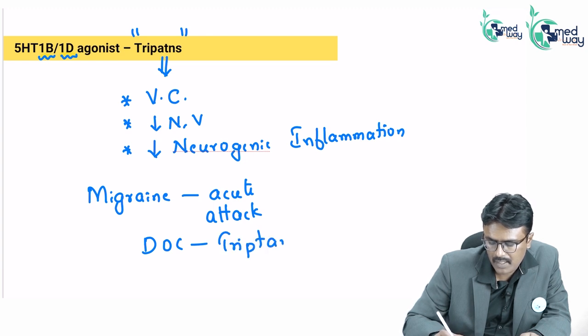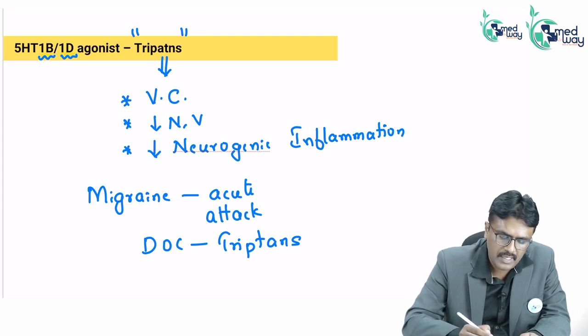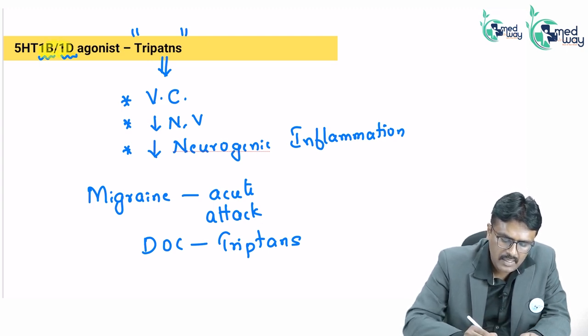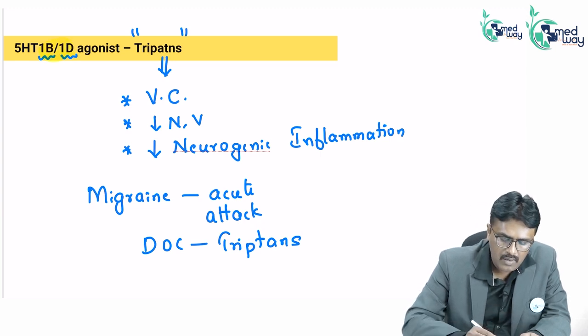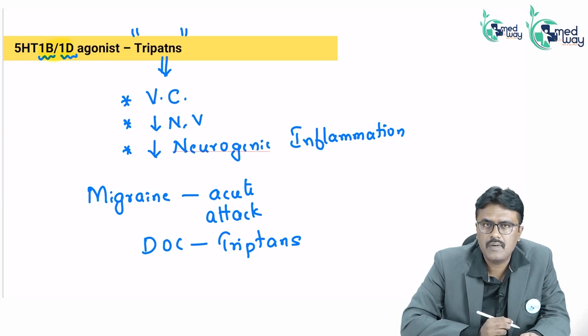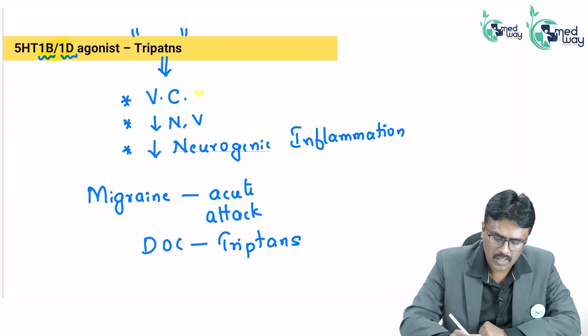They end with triptan, like sumatriptan. In one of the exam, they had asked the mechanism. They are 5-HT1B 1D agonist. Now, there are two theories what we have in migraine. The vascular theory, which will tell there is extracranial vasodilation, so this causes vasoconstriction, point number one.